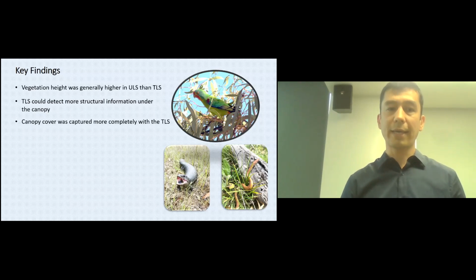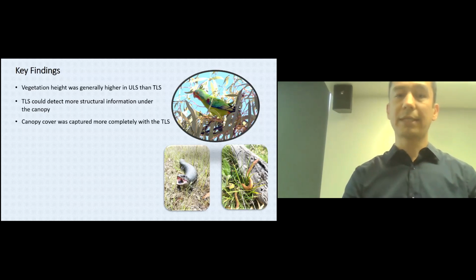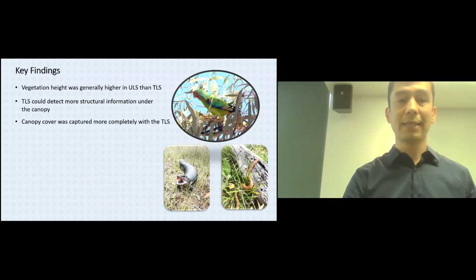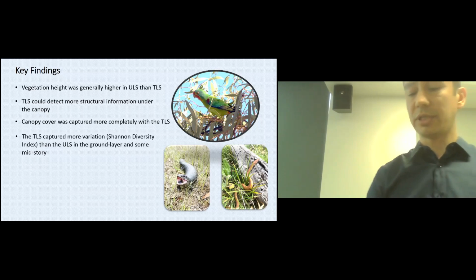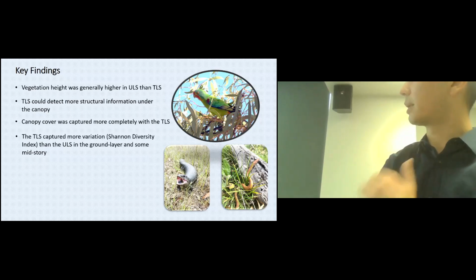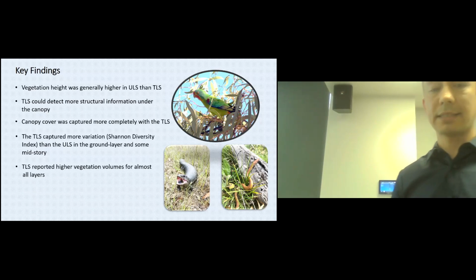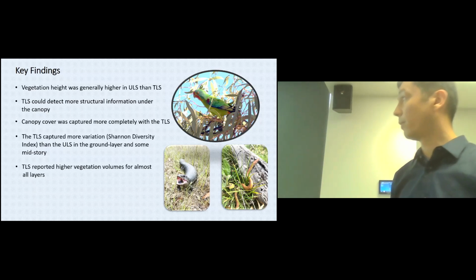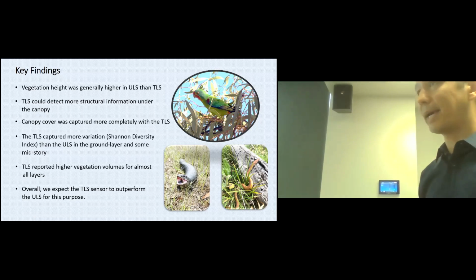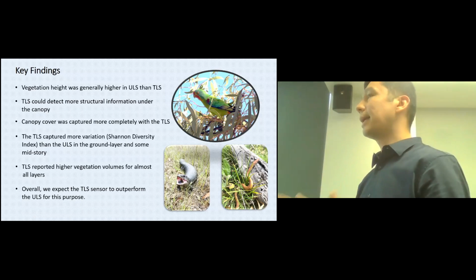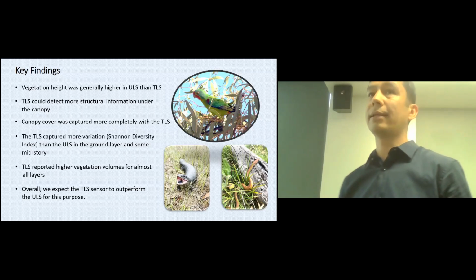Canopy cover was also completely captured with TLS. TLS also captured more variation in the vegetation structure, especially in the ground and mid-story layers, and TLS reported higher vegetation volume than ULS. Therefore, we expect that in our analysis, TLS could give more accurate prediction power than ULS.